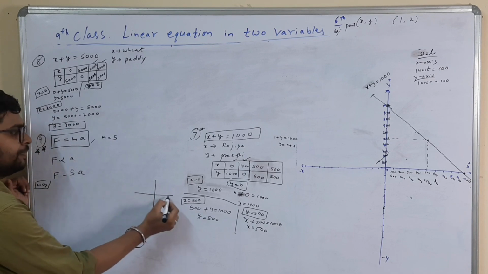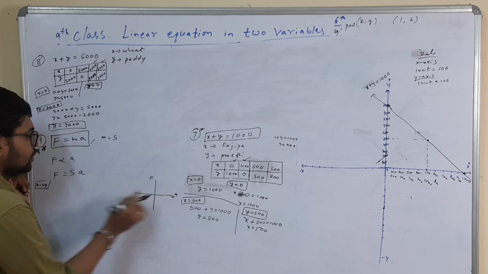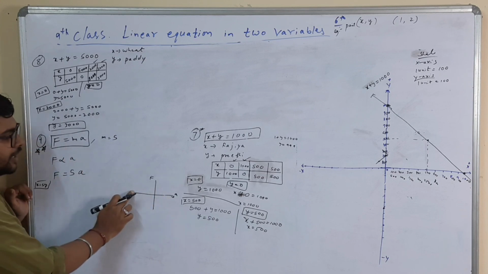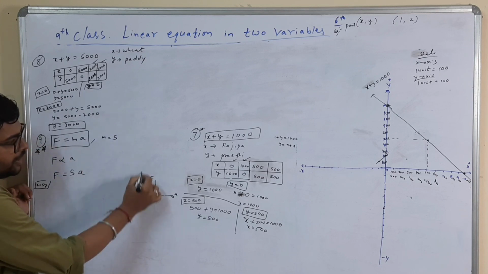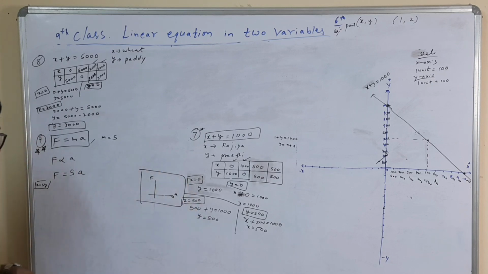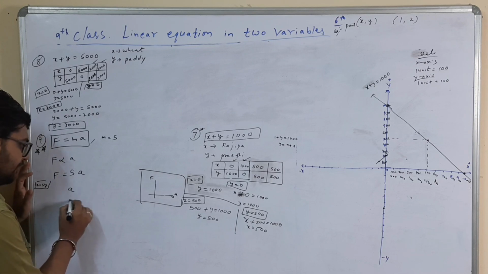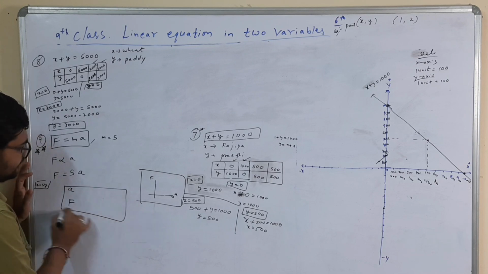X-axis means A. This is the A value, you will get the F value up. This cannot be negative, that's why you take the graph like this. Okay, in your book you take the graph like this, you will get only positive values. Okay, because this is force and acceleration in physics, I am taking these A values. Now you will get the A value and F value, like x and y only.